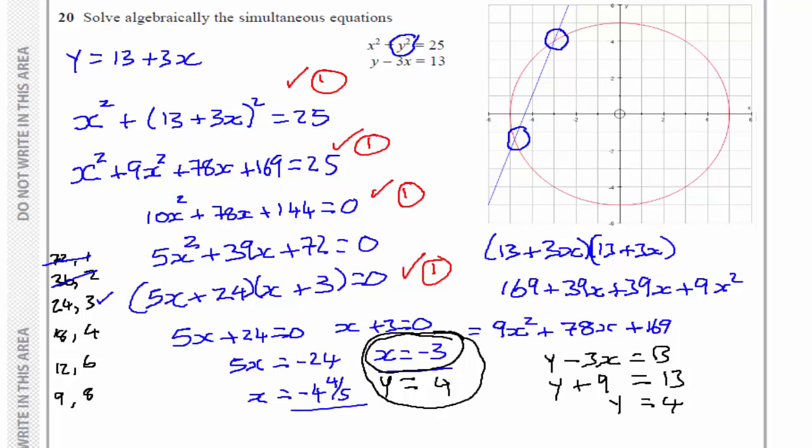The other one, I'm going to do the same thing. I'm just going to rub out these here, so I need a little bit more room. So again, y minus 3x equals 13, and this time I'm going to substitute minus 4 and 4/5 in. So I've got minus 3 times minus 4 and 4/5.